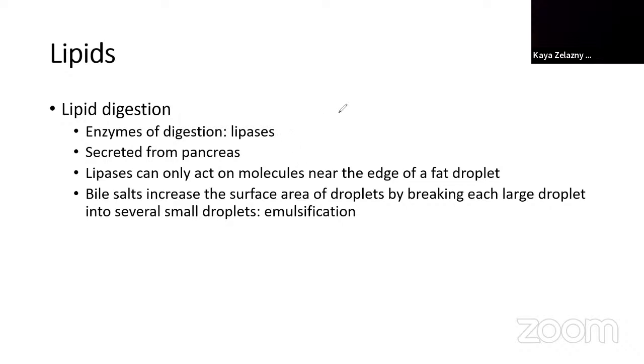But these lipases are going to have trouble because they have to get to the individual molecules, and we have a fat droplet right now. So we have a big glob of fat. So what we're going to do first is we're going to use the bile salts from the liver to break up our fat droplets into smaller droplets.